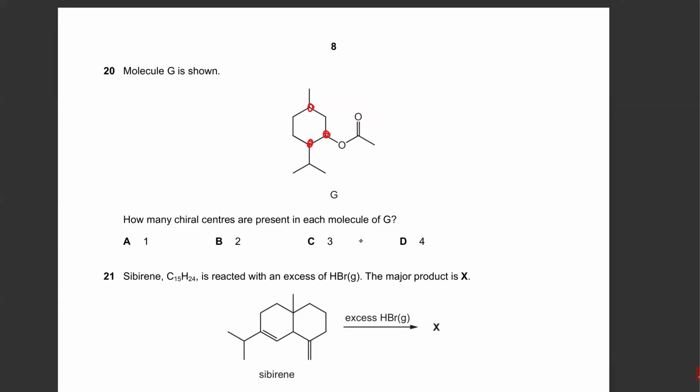It's 3. This one is not chiral because these two are exactly the same. Double bonds are not chiral. The rest will have a couple of H's. This one has 3 H's, this one has 3 H's. The middle one has 2 of the same thing, so it's 3.